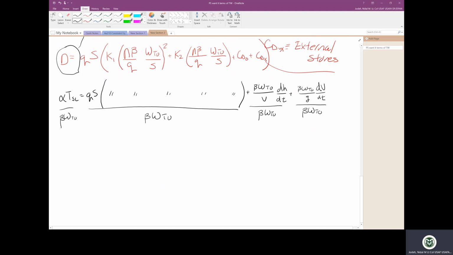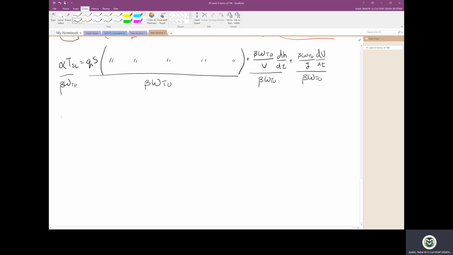Okay. What do we have now? We have alpha over beta thrust at sea level over weight takeoff. Yay, so we're almost there, right? This is what we want. That's our output.